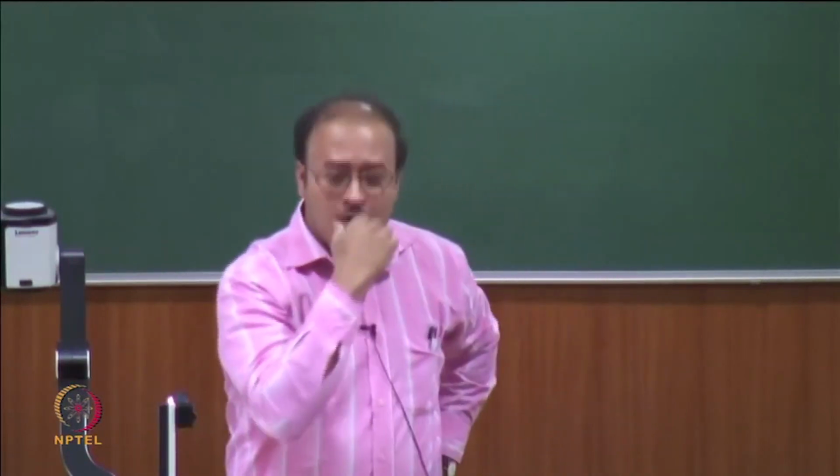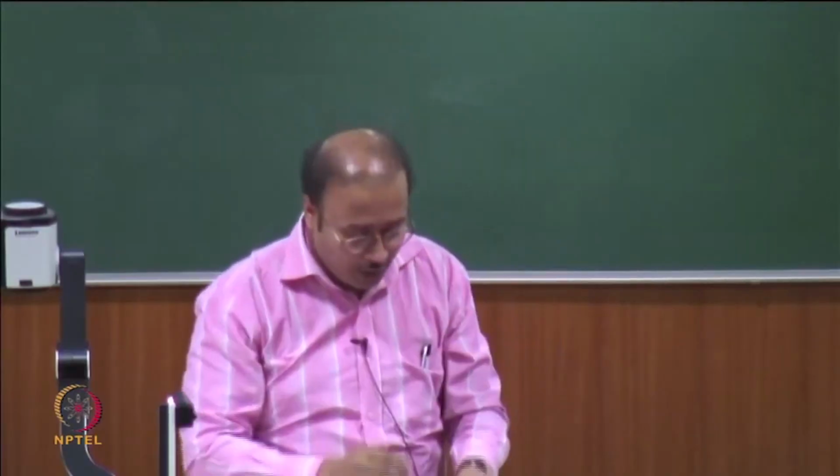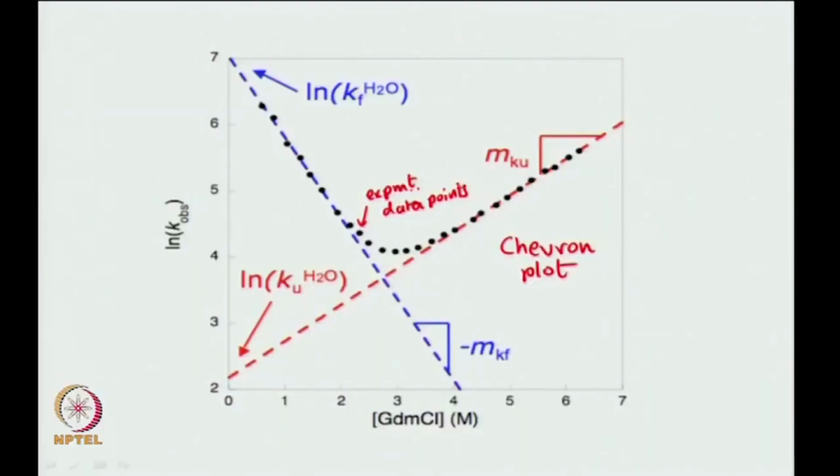Now, the point was that if you are at a high concentration of denaturant, then this arm is essentially your unfolding arm, isn't it? That means, at a high concentration of denaturant, you would be looking at the protein unfolding, hence the rate constant of the protein unfolding, that is Ku, right.